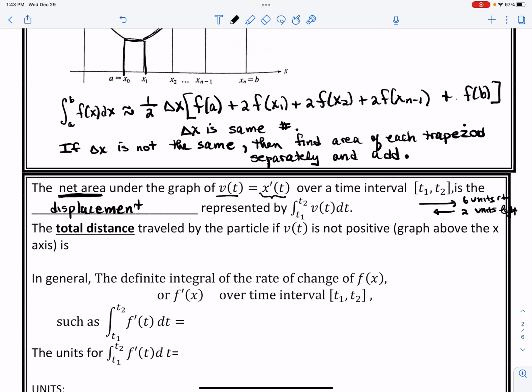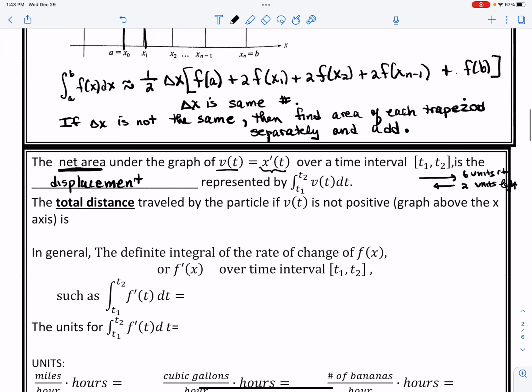So to get the total distance traveled by the particle, if v of t is not positive, that is, if the graph is not above the t-axis, we put absolute value around the velocity function. We didn't need to put absolute value around the velocity function in the do now because the velocity function was already above the t-axis.